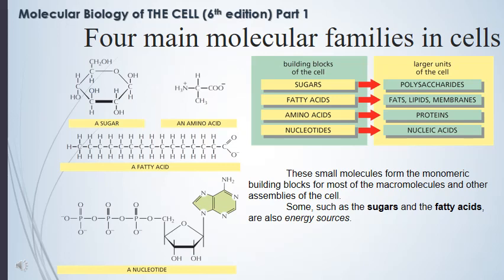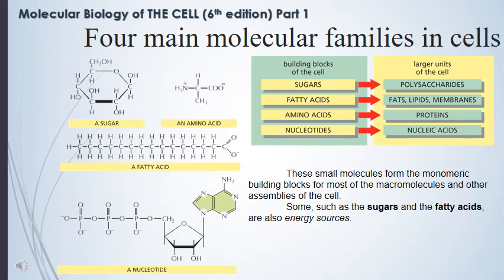Amino acids are polymerized into proteins. The fatty acids are basically put together into fats, lipids, and phospholipids for the membranes. And then we have sugars, which are polymerized into polysaccharides.